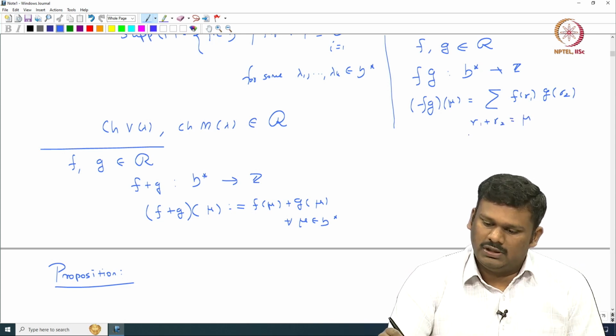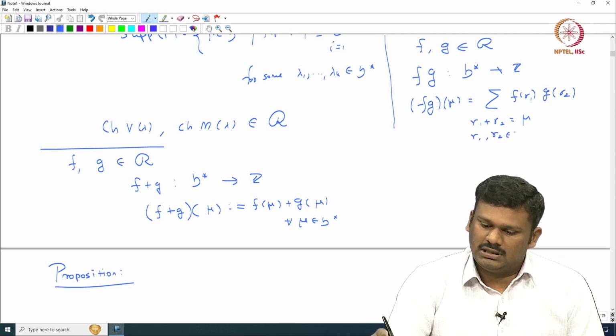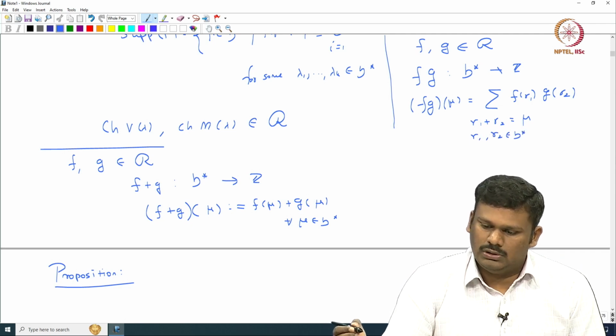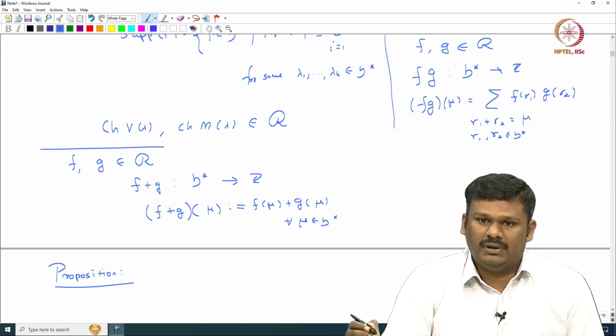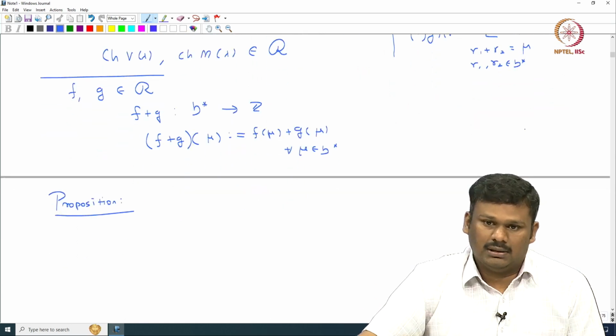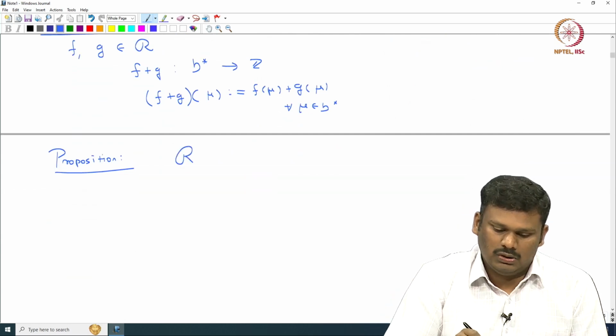You take all possible gamma 1, gamma 2 from H star such that gamma 1 plus gamma 2 is equal to mu. This is the convolution product that you define on this ring. With respect to this, we want to claim that R becomes a ring. Okay, so R is a ring.